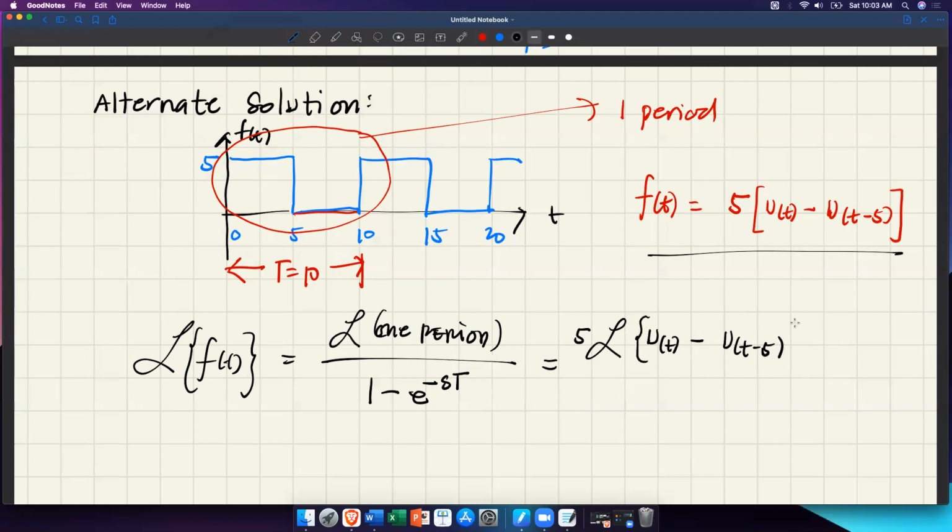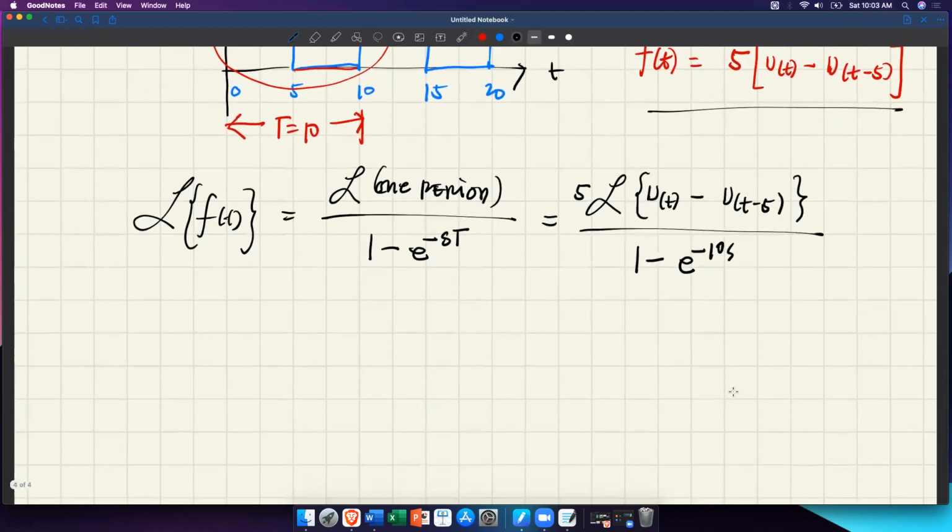Okay, this is your one period Laplace transform, all over 1 minus e raised to minus 10s, since we know that T is equal to 10. So simplifying the numerator, we will have 5 multiplied by 1 over s, right?